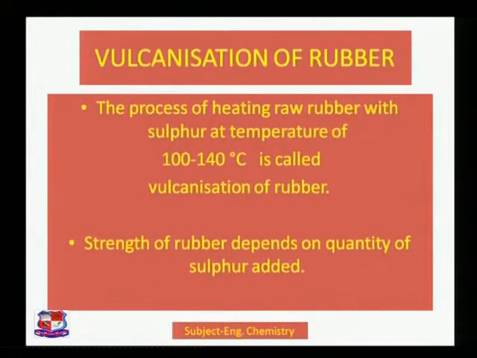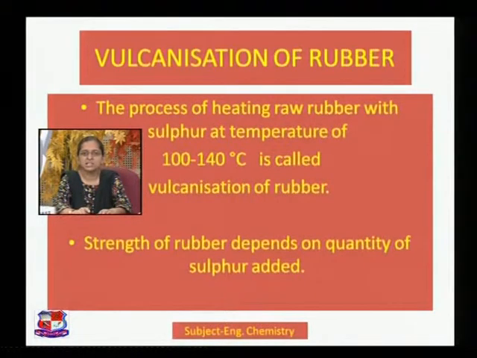Vulcanization of rubber. Now see, what is vulcanization of rubber? The process of heating raw rubber, and raw rubber means natural rubber, with sulfur at a temperature of 100 to 140 degrees Celsius is called vulcanization of the rubber.